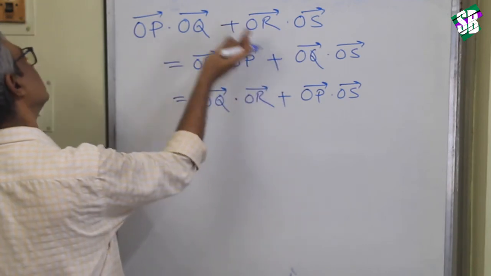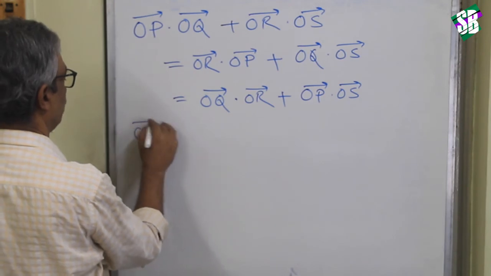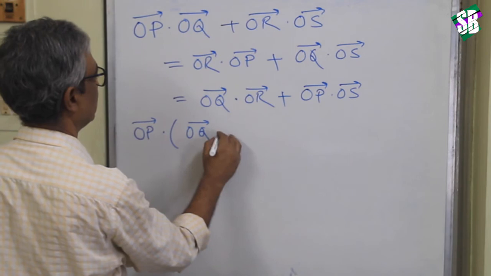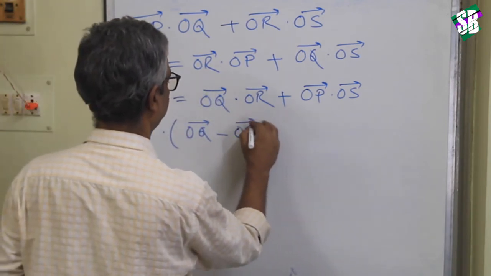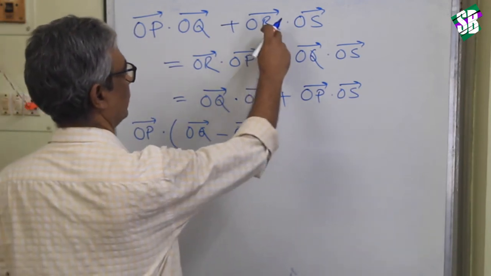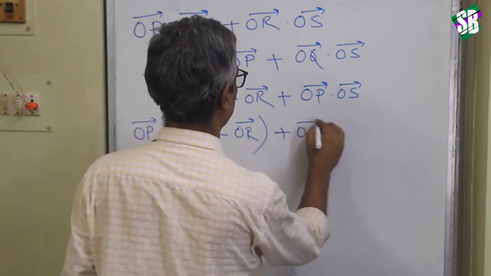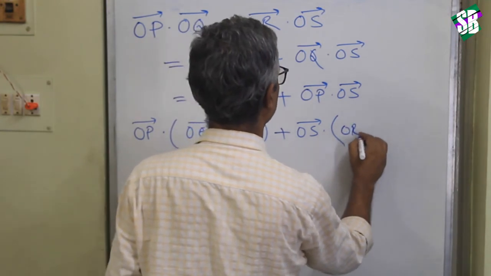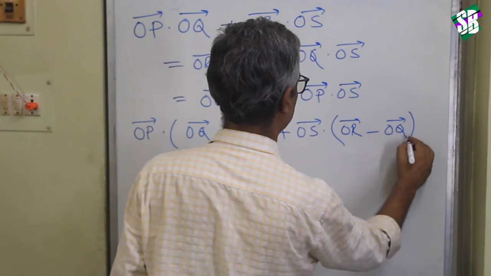Okay, so just take these two relations, bring this over here, and take OP vector common. So this is OQ vector minus OR vector. And from these two take OS vector common. So this is OR vector minus OQ vector.